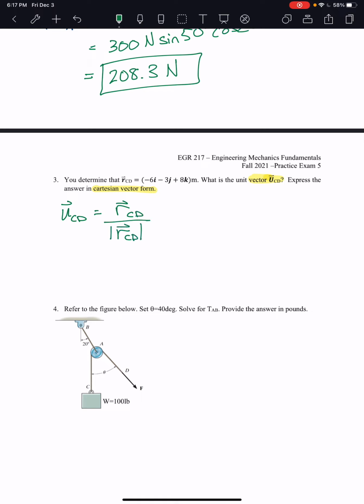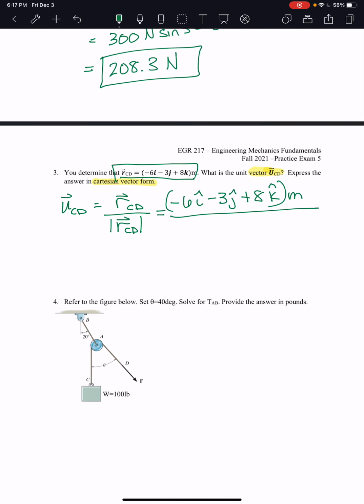So that's going to be negative 6i minus 3j plus 8k, that's just the position vector they gave us right here, in meters. And then divide it by the length of that position vector, so that's the square root of 6 squared plus 3 squared plus 8 squared. And that's going to give us our unit vector. Our unit vector just tells us the direction. The length is just 1.